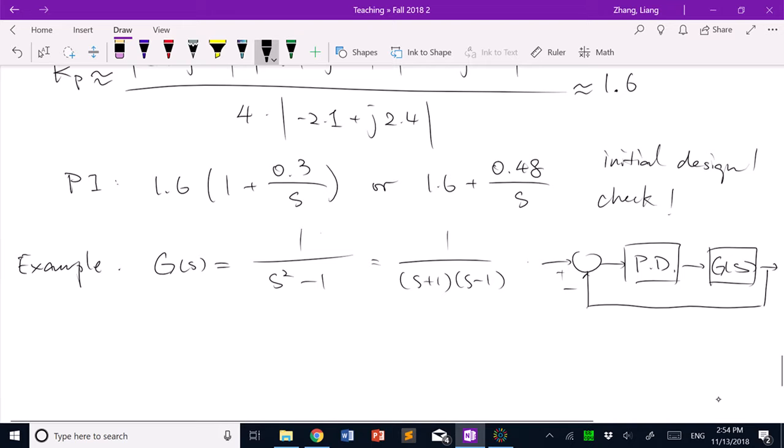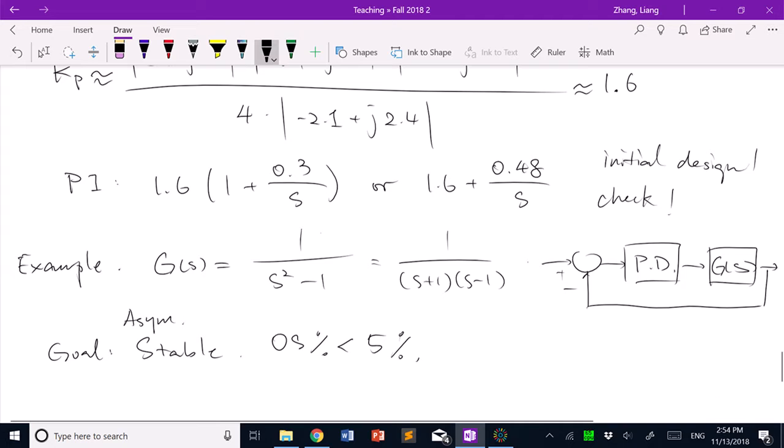So the goal is, of course, the closed loop system should be stable, asymptotically stable apparently. And I want the overshoot, after I know the system is stable, to be less than 5%.